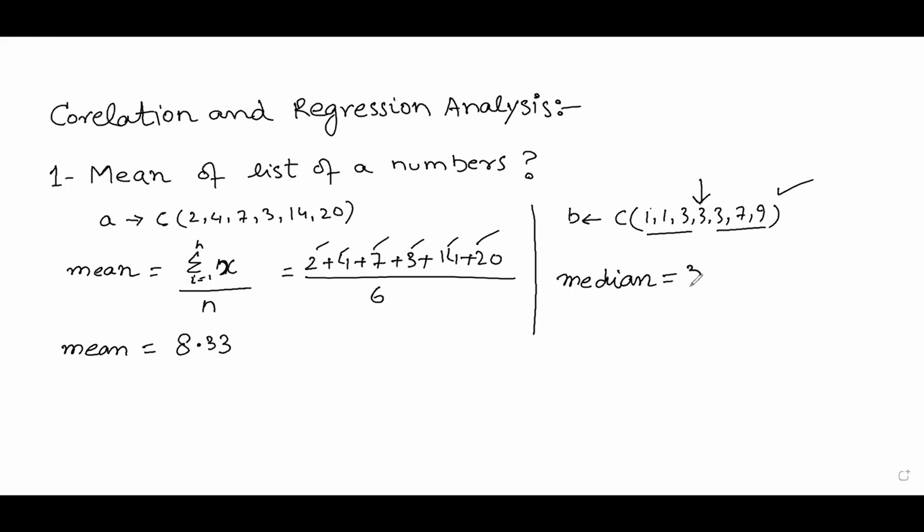So it will be 3. If I ask about mode, what is the mode? Mode will be 3 as well, right? So now we know mean, median, and mode. What are these 3 values, right?